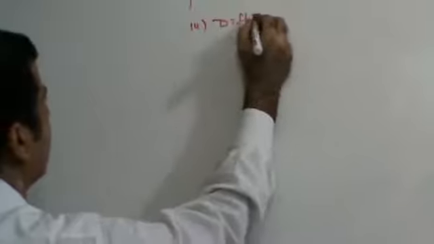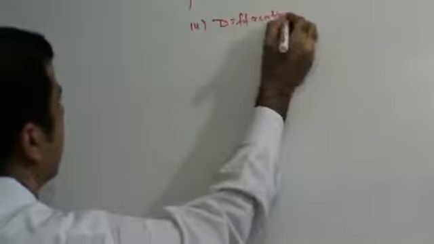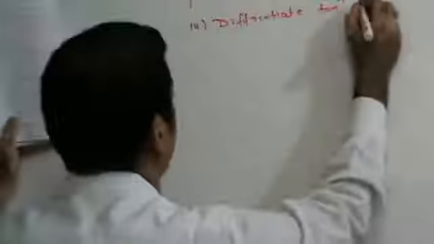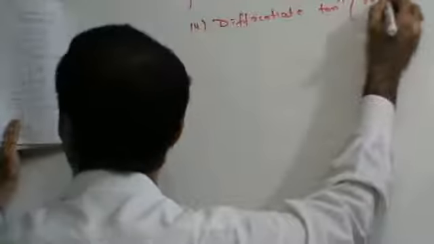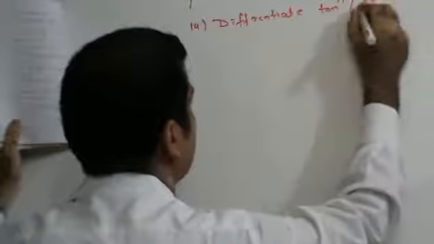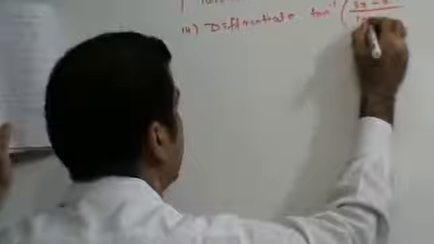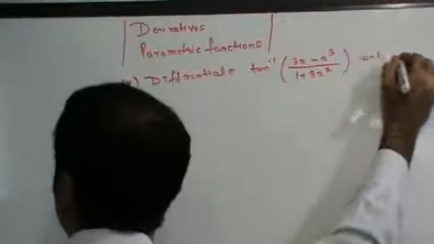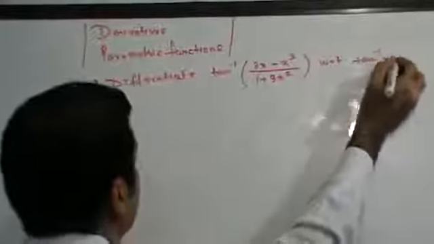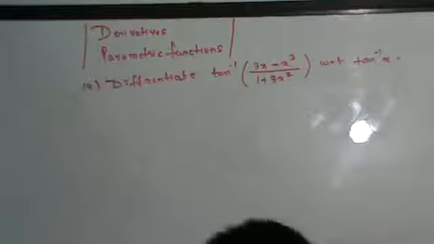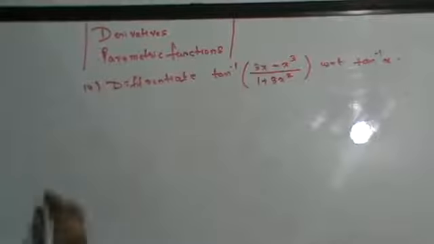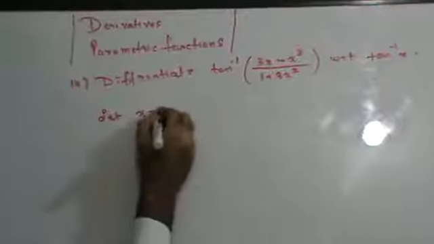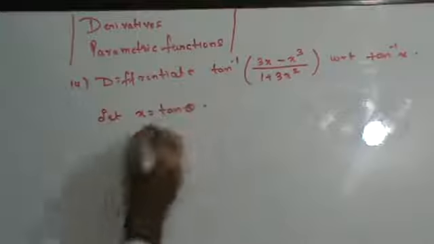Differentiate tan inverse of 3x minus x cube upon 1 plus 3x square with respect to tan inverse of x. Same thing, here we will be using the triple angle formula. Let x be equal to tan theta.